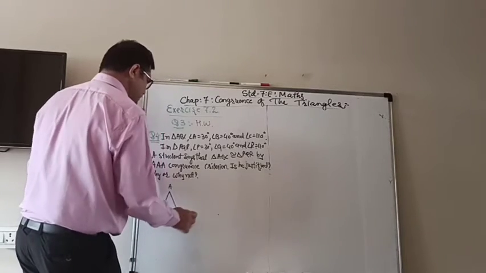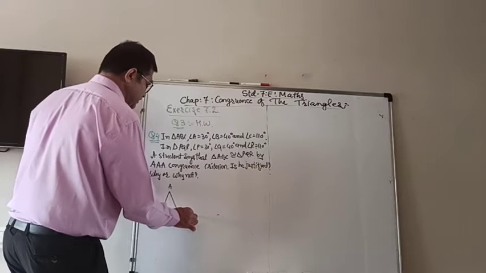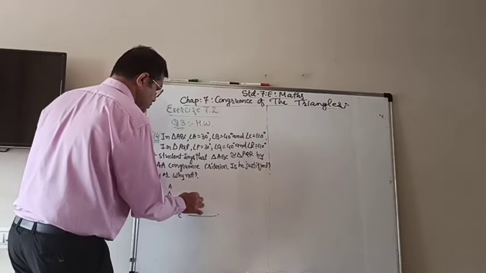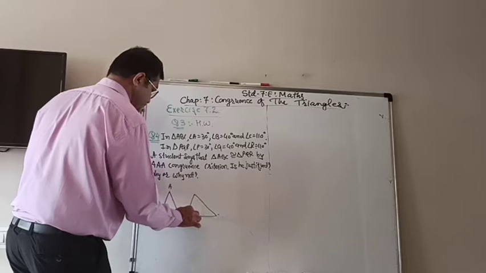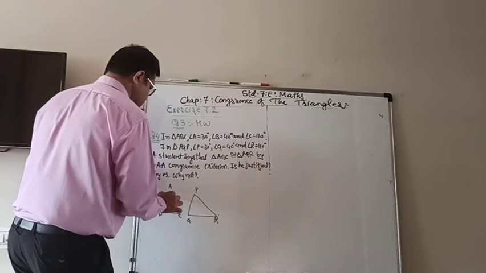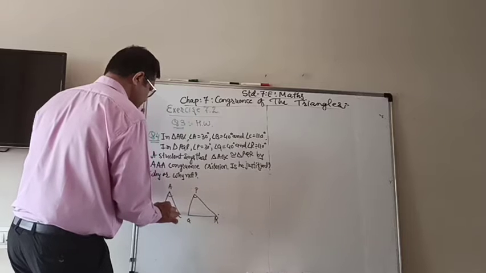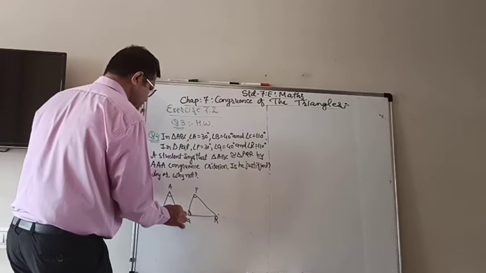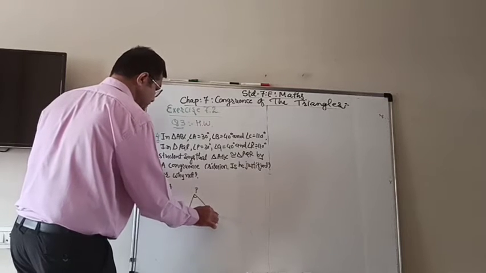Let me draw it a little differently. Yeah, PQR, no problem. So A is equal to P, B is equal to Q, and C is equal to R.